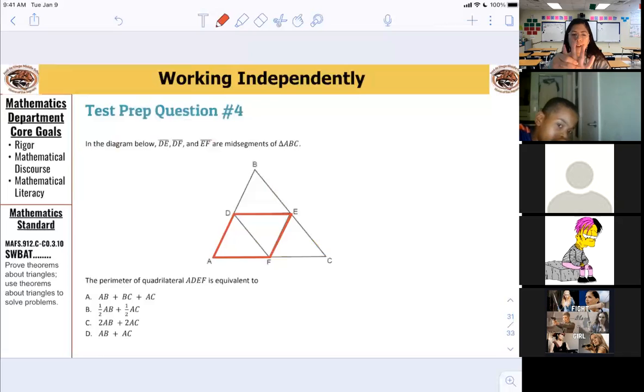Those of you who already have the answer and know that it's correct, think about how you would explain it. All right, 5, 4, 3, 2, 1.